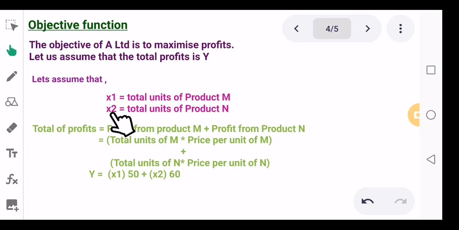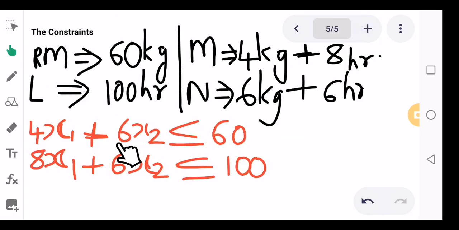So 6 kg for x2 units of product N. So 4x1 plus 6x2 is the total raw material: 4 kg into the number of units of product M plus 6 kg into the number of units of product N. We don't know how much it is, but all we know is that it has to be either equal to 60 or less than 60, because the maximum that we can afford is 60.